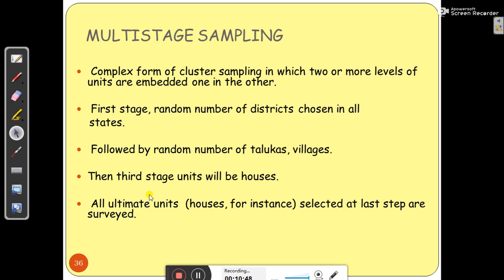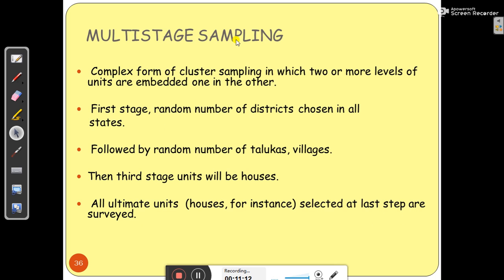Then in the third stage, which is the last stage actually, you go for the ultimate units, which will be the houses. Houses, for instance, are the actual instances, or you can say elements of our study, or we can say elements of the population selected at the last step to be surveyed.